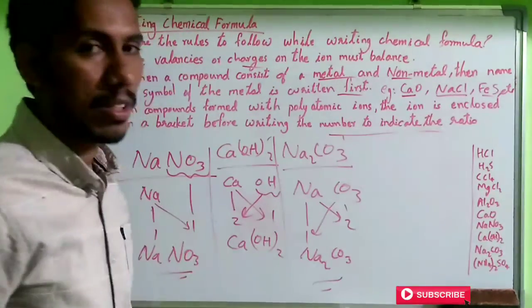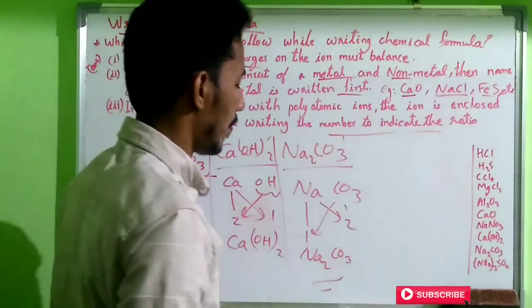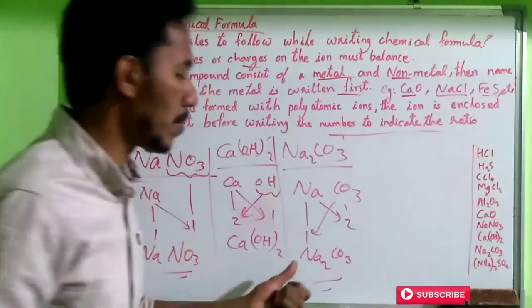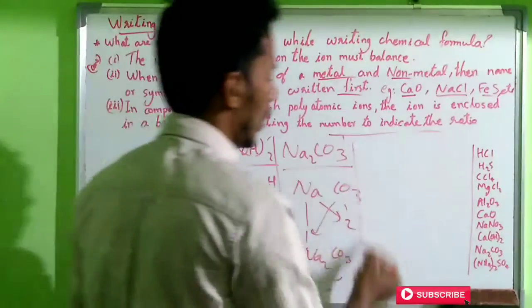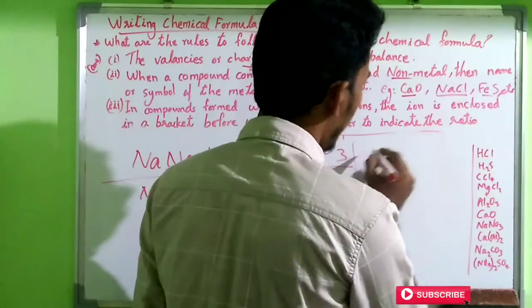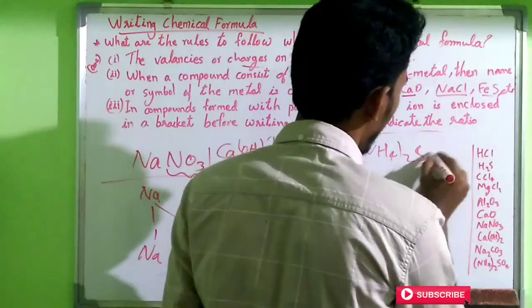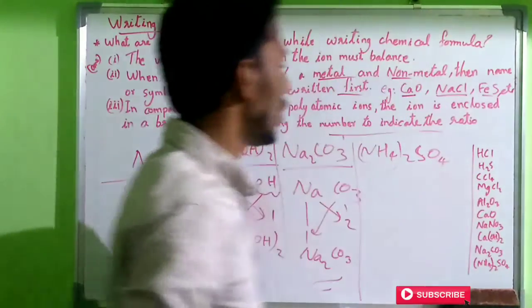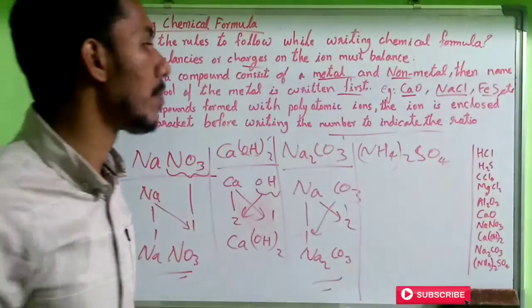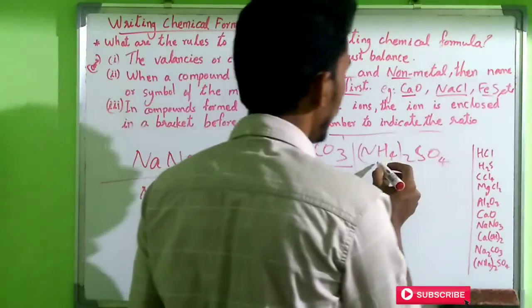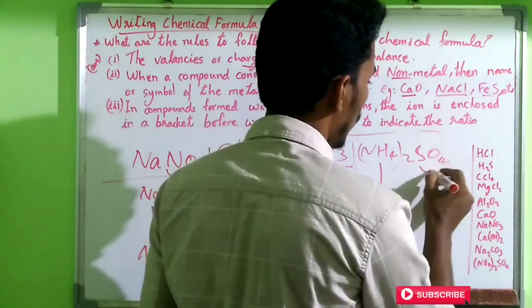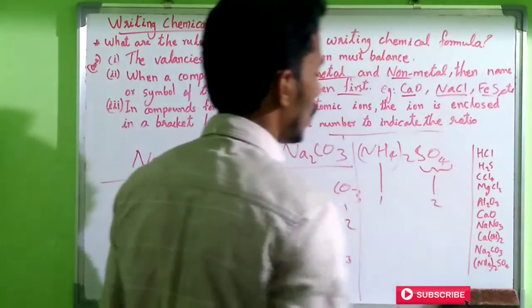NaNO3: Na1, NO3 1. Na2CO3. Next one, (NH4)2SO4. These are examples only. NH4, ammonium, has valency 1. SO4 is 2 minus, that means 2.